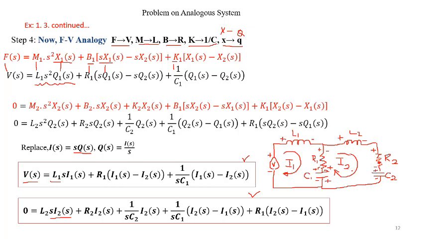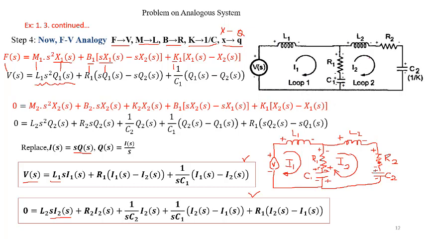To see it in a neat manner, you can go with this diagram. This diagram will make you understand better. So how did we start? V of s from the source, minus to plus, L1, R1, C1 which are connected in series.